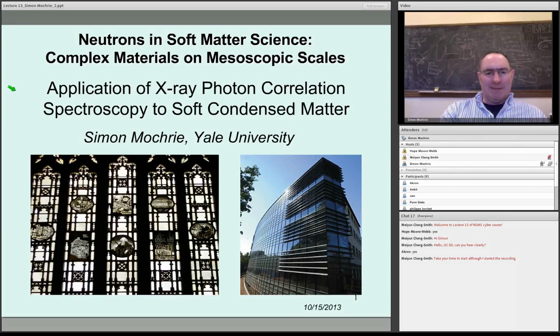That's this one here, an old stained glass window, and that represents a glass phase that's been well understood for a long time in soft condensed matter. And I'll also talk about a new glass, the so-called attractive glass phase. And I have a nice brand new building here that represents that new glass phase.